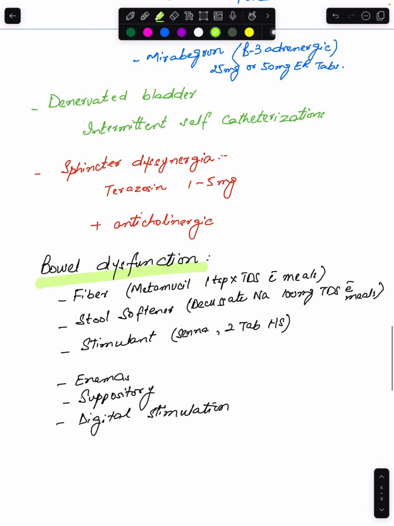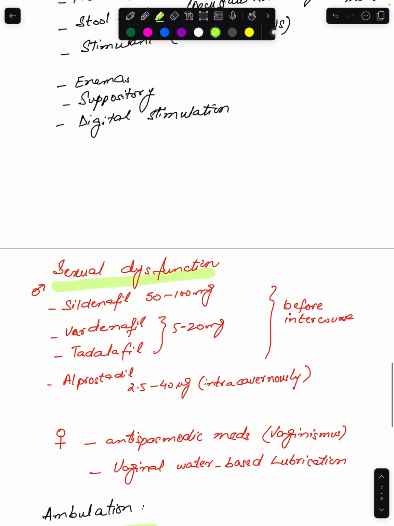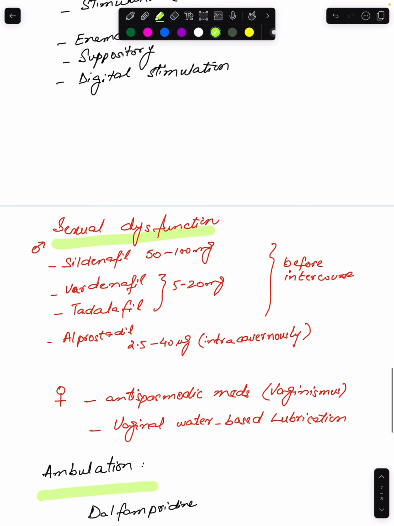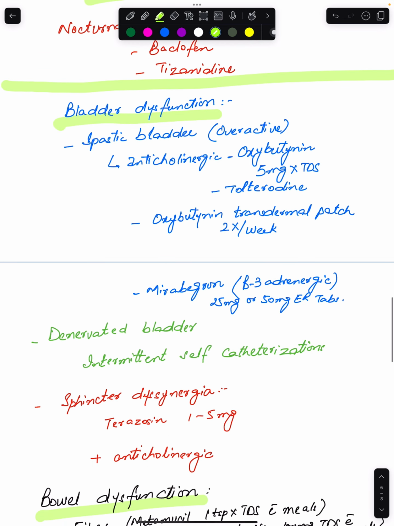Next, we will talk about the bladder dysfunction, bowel dysfunction, and sexual dysfunction and ambulation. So, in case of bladder dysfunction, if the bladder is overactive or spastic bladder, we need to give anticholinergic so it can relax, and we can give oxybutynin, 5 milligram TDS, or tolterodine.